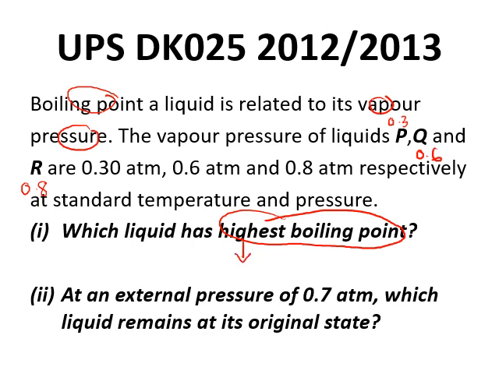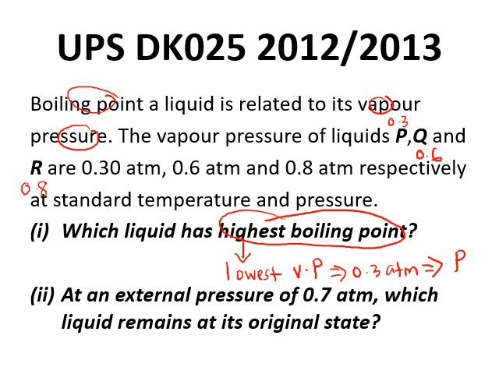As we know, if the liquid has the highest boiling point, it means that it has the lowest vapor pressure. Based on the values given in the question, 0.3 atm is the lowest vapor pressure, which is liquid P.